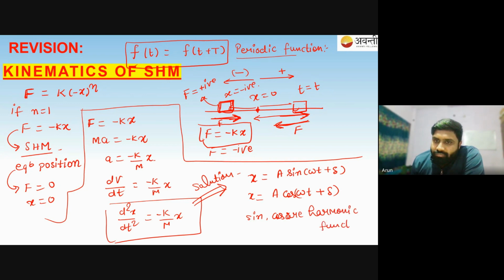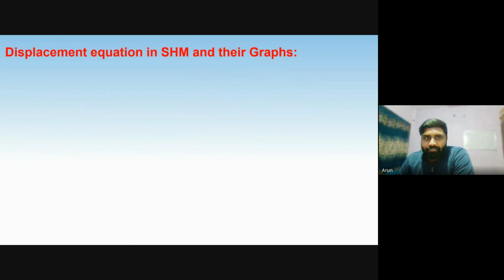That is why this motion is termed simple harmonic motion, because it follows these equations as its leading equation. Got it? Now, this is all we did in the previous lecture. Now move ahead with the new topic.